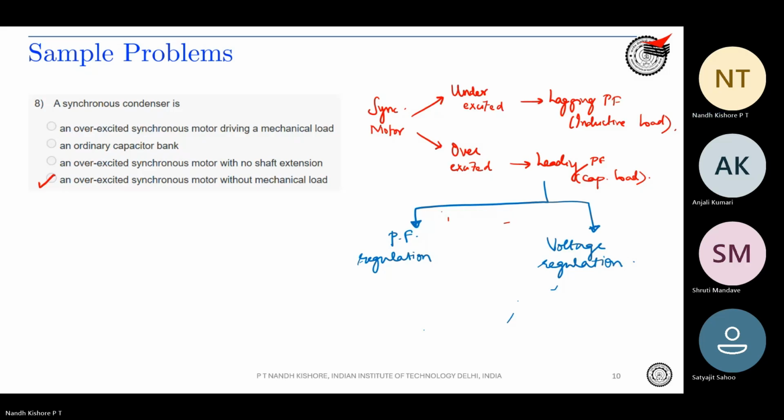It compensates for huge inductive loads.